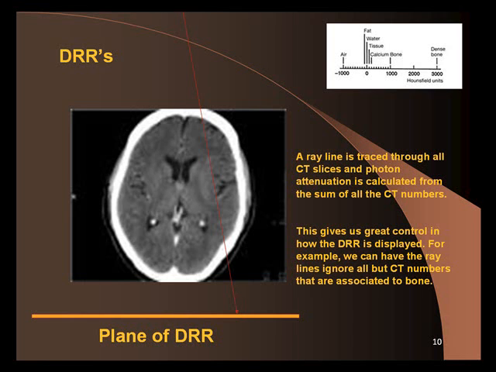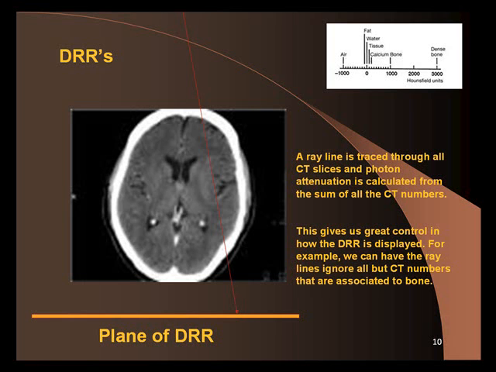And it does this all in the computer. So the computer imagines where the isocenter is, because you've placed an isocenter in the patient somewhere. And then it knows where the source of radiation on the linear accelerator is, because that's also been entered as information in the computer. And with that information, it draws ray lines through the CT, through each CT slice.